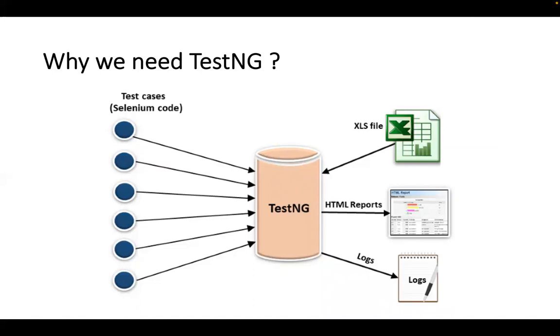Nowadays, we are using the JSON file format as well. And at the end of every testing, we need a test report as well. Additionally, we have to maintain the logs. If some cases failed, we have to understand why those cases failed so that we can fix and execute them. So we need a detailed report like the number of cases passed, failed, and the reason for failure in the log as well.